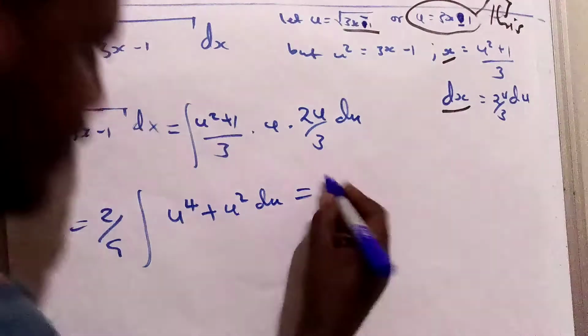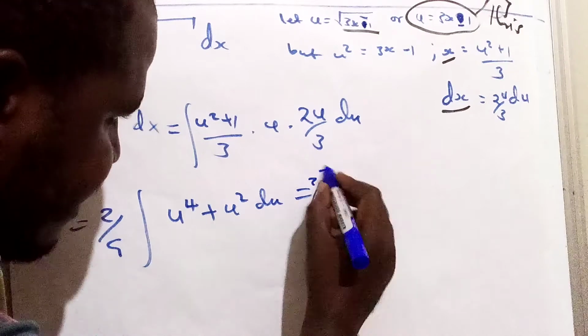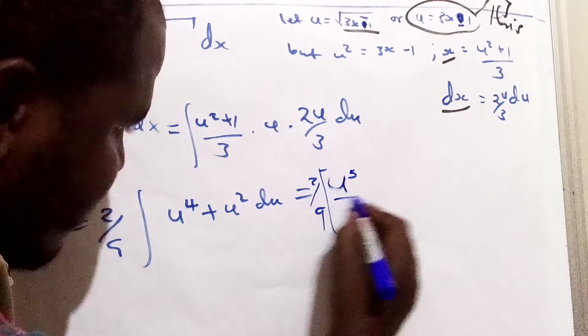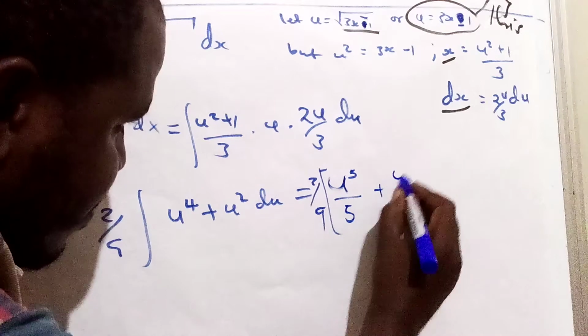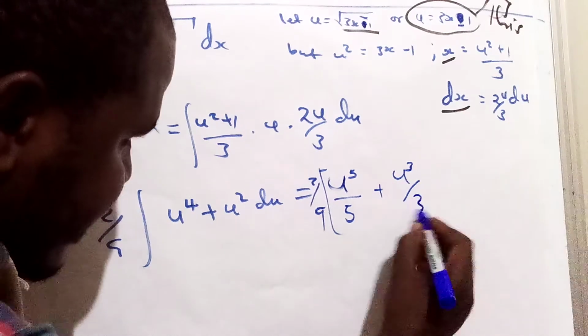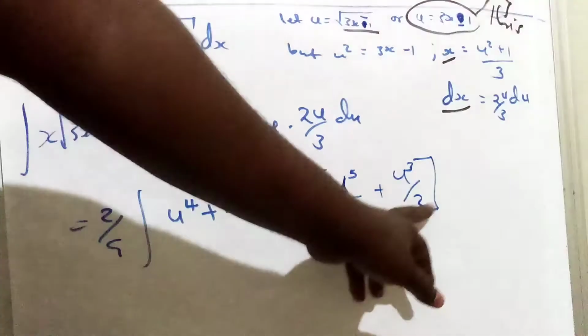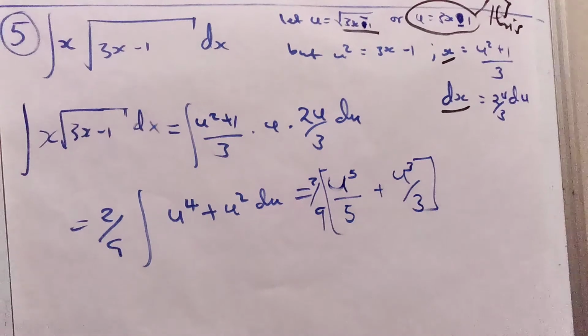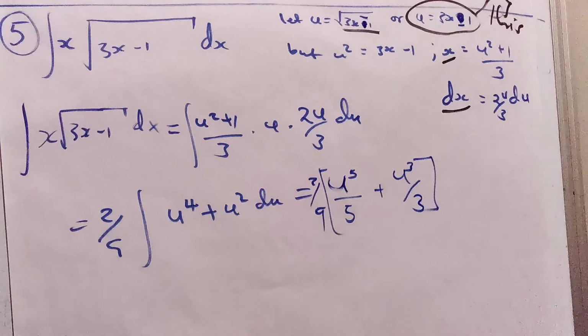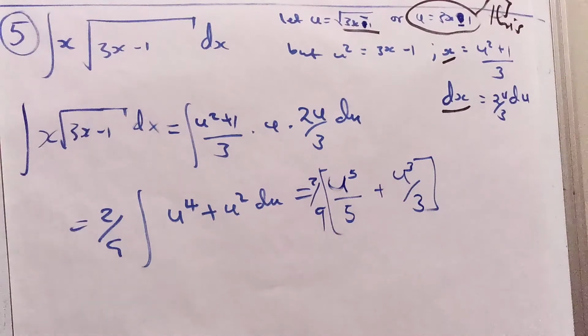That should give 2 over 9 u power 5 over 5 plus u cubed over 3. I'm going to take the LCM. 5 times 3 is 15. 15 times 9 is 135.